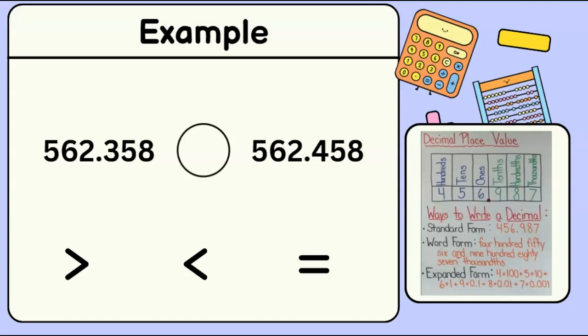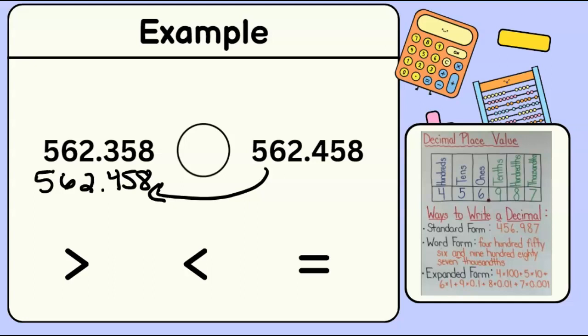I want to see if it's larger, smaller, or the same. The easiest way for me to do this is I like to stack my numbers on top of each other and line up my place values in order to compare each digit.